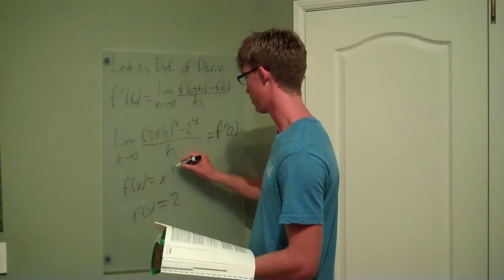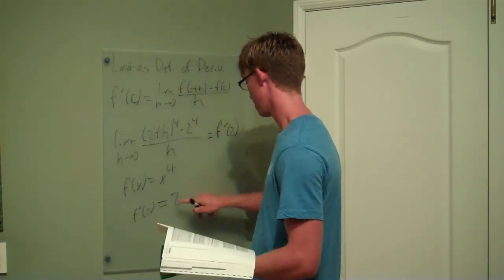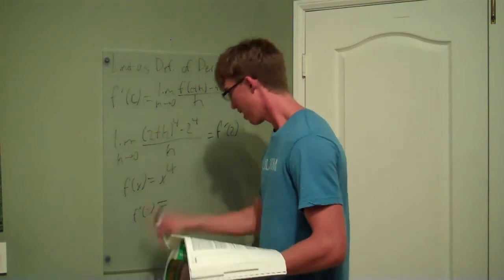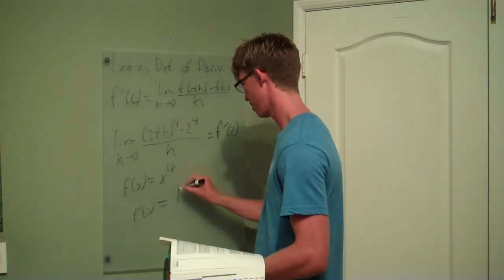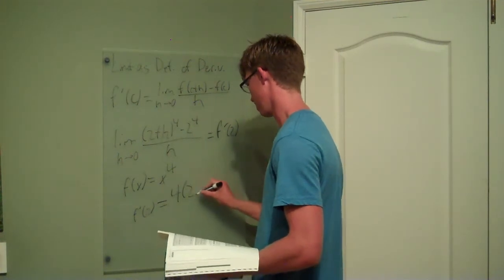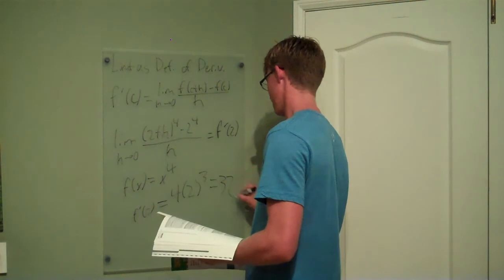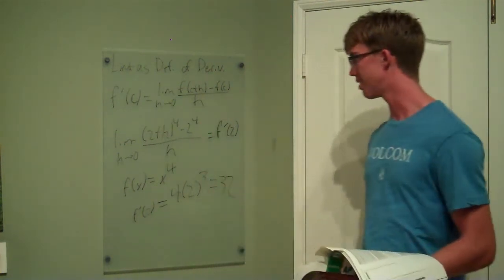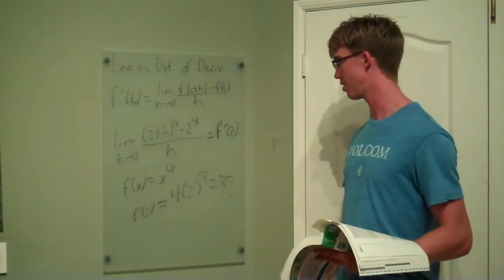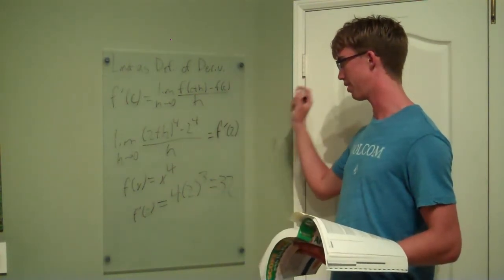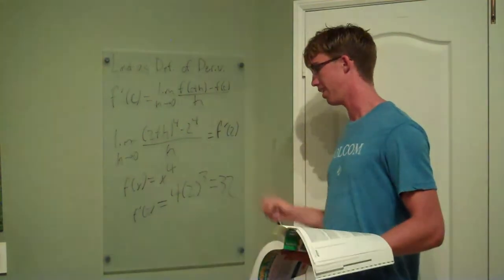I meant x to the 4th. f prime of 2 is going to be equal to 4 times 2 to the 3rd, which is equal to 32. That's it, really. You just have to recognize that the limit is the same as the definition of the derivative, and figure out what your f of x is, take the derivative of it, and you're good.